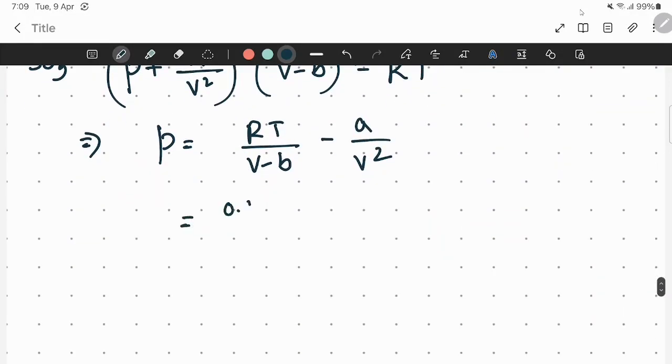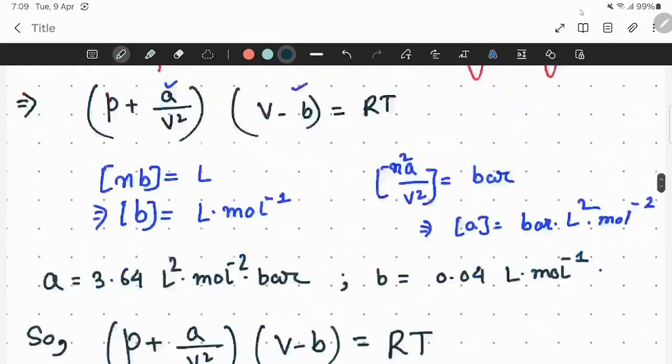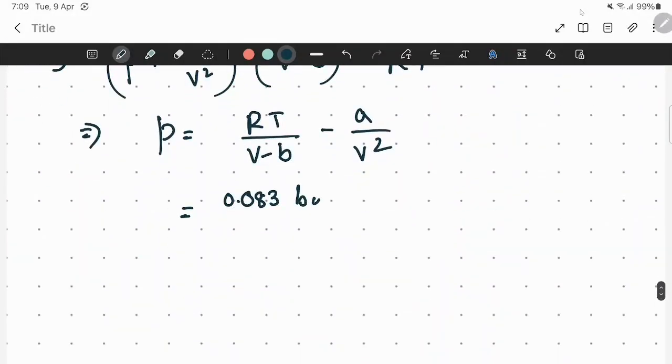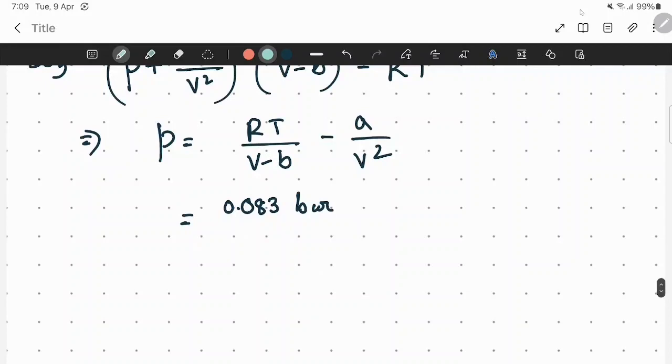Now what is R? R is 0.083, and what is the unit? Bar decimeter cube. We have already discussed in one class that 1 decimeter cube is eventually 1 liter, so we can directly write decimeter cube as the liter.